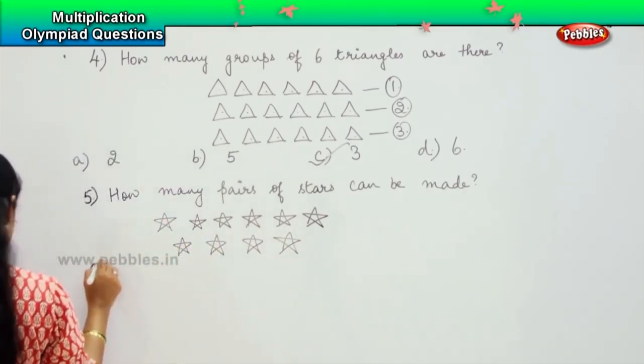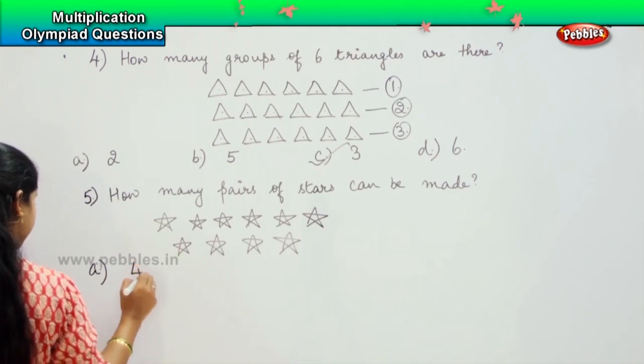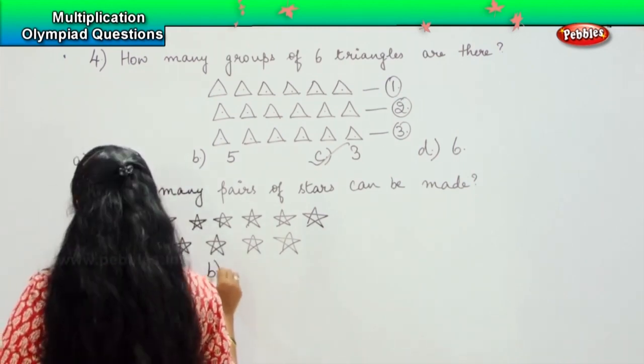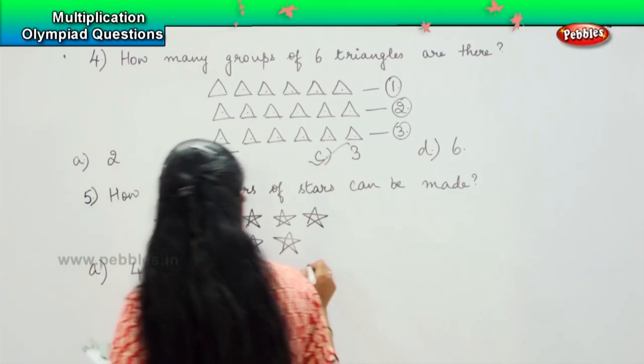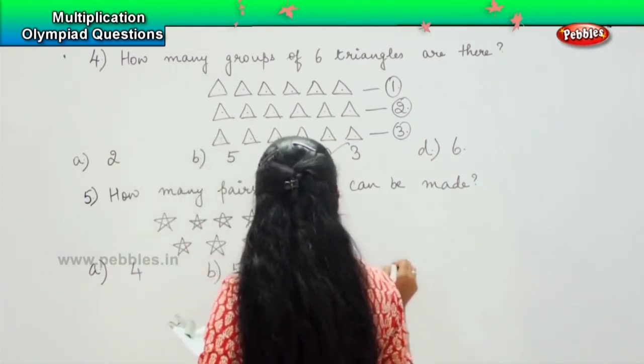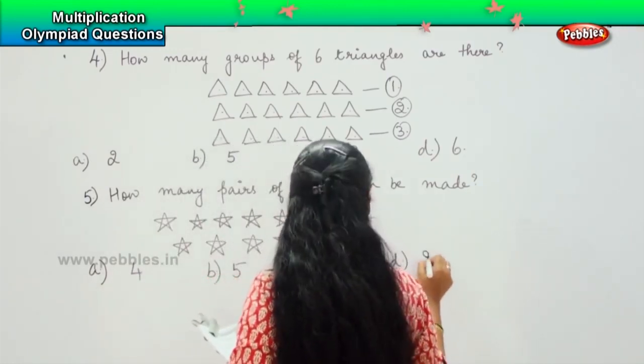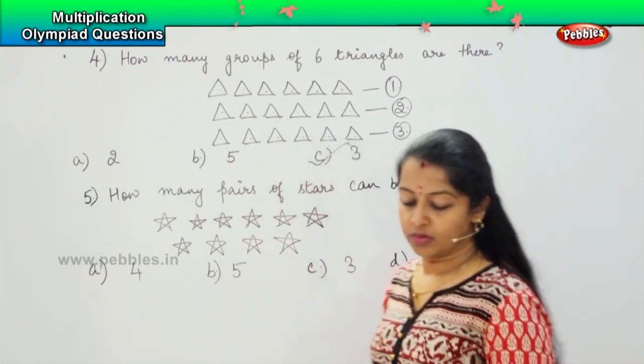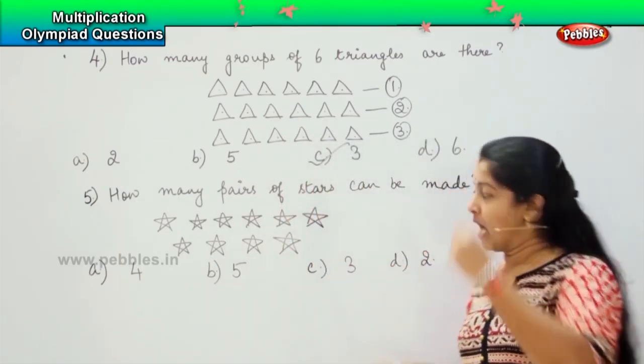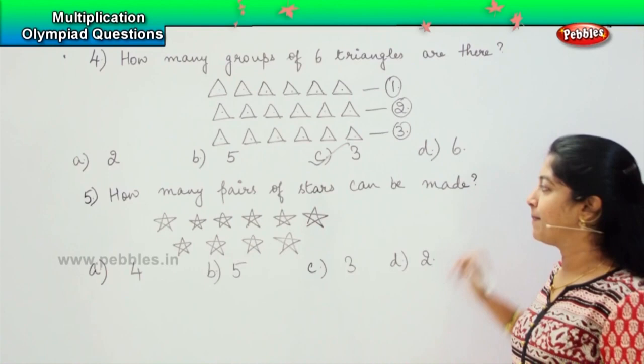Okay, and your options are 4, 5, 3, and 2. So now they are asking me how many pairs of stars can be made.